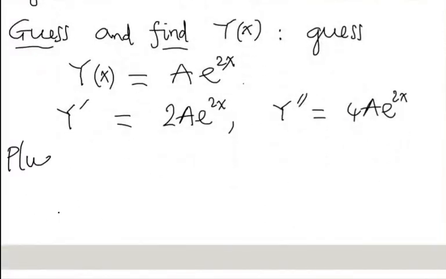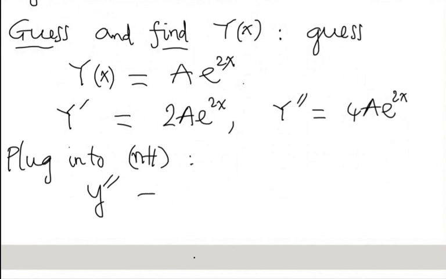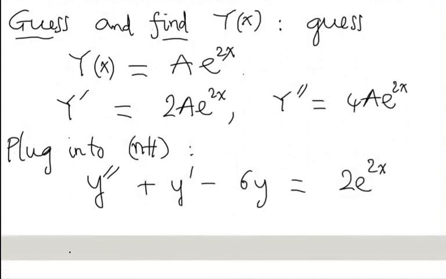Now we plug into the non-homogeneous equation, which I'm rewriting here: y double prime plus y prime minus 6y equal to 2e to the 2x. Second derivative is 4A e to the 2x.